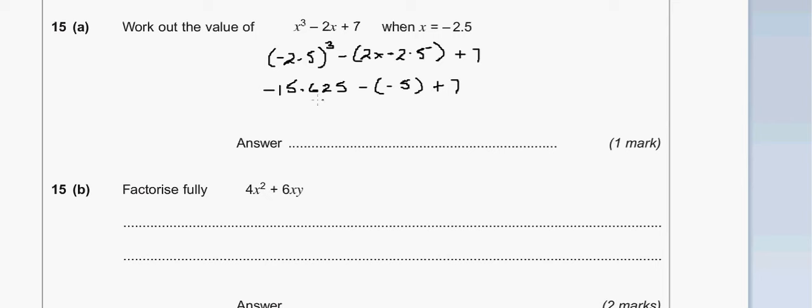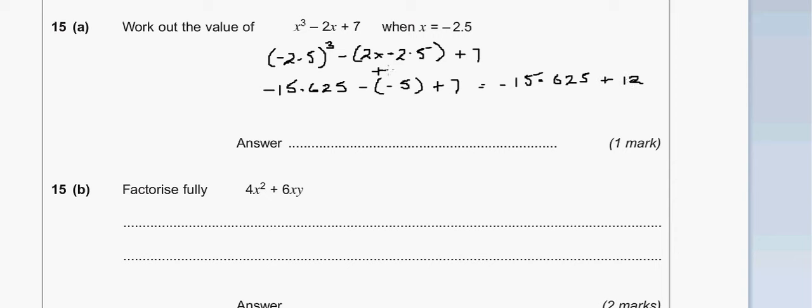So this minus and this minus will react on one another. A minus and a minus will give us a plus. So we have minus 15.625 plus 5 plus 7. So this will give us minus 15.625 plus 12.